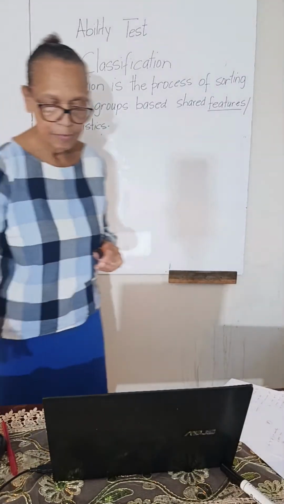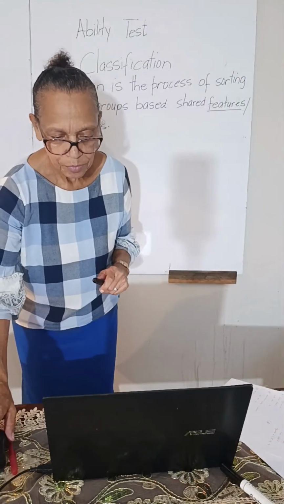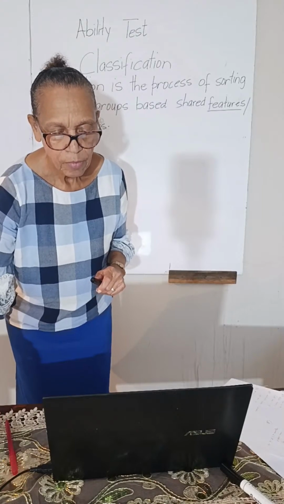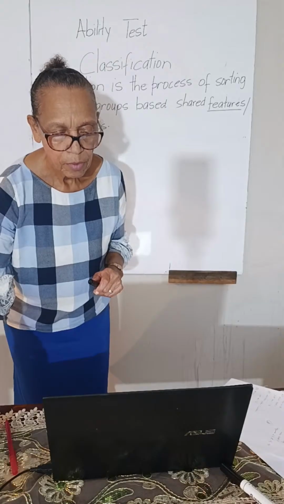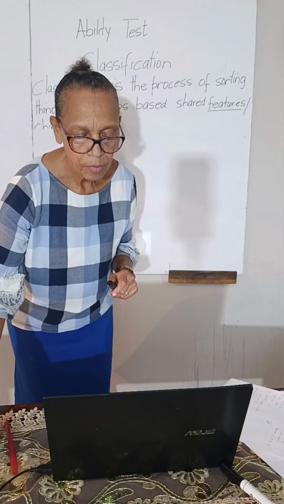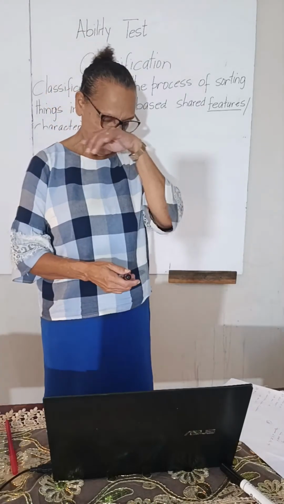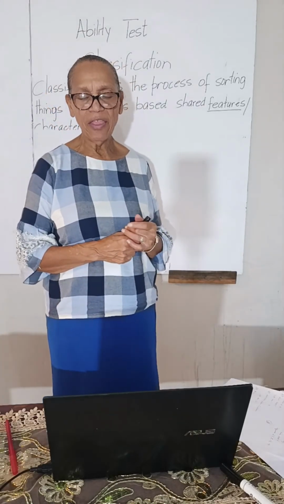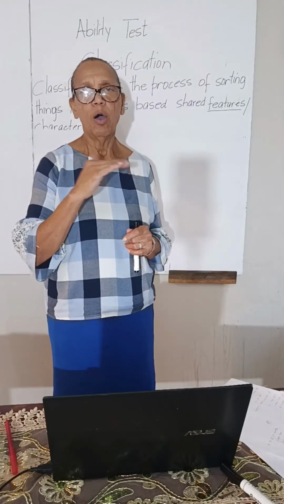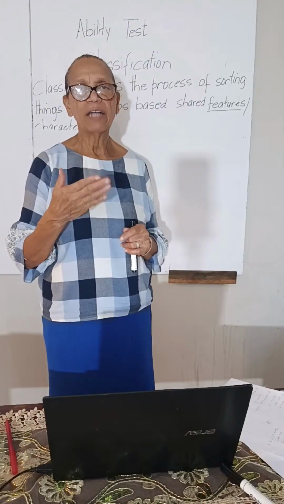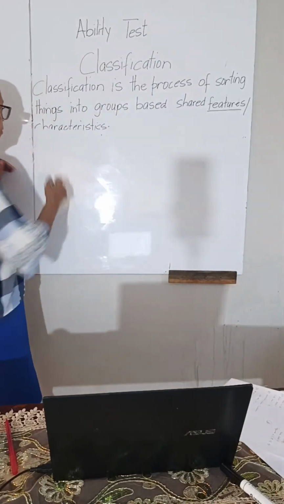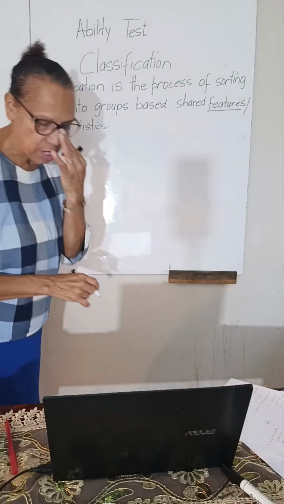This one: you are going to look at these and think of another object or animal that could go in that list. For example, let me give you the instruction.